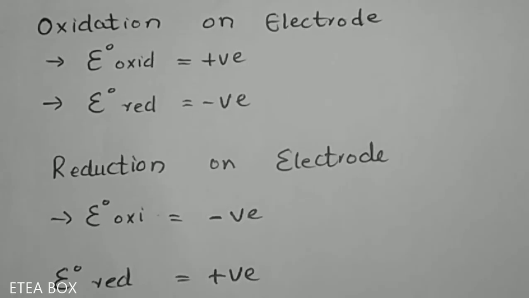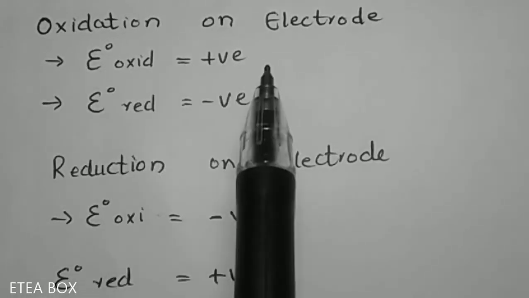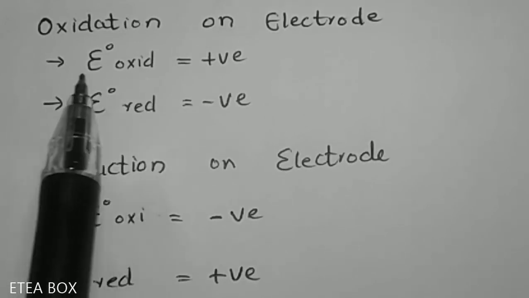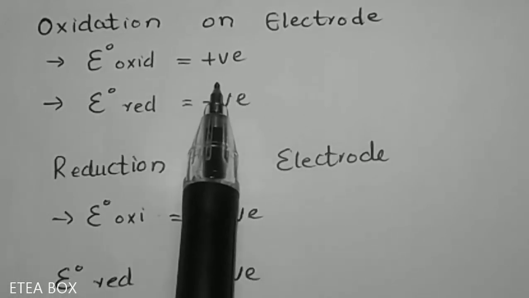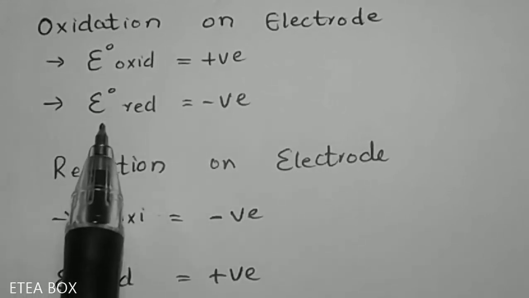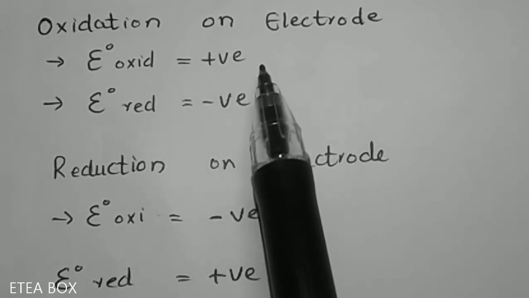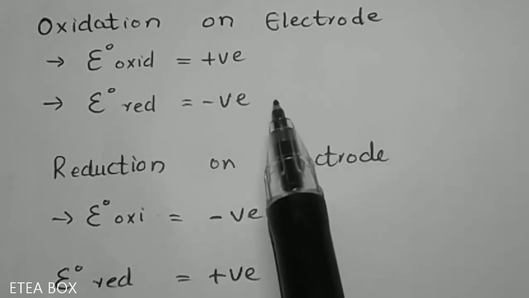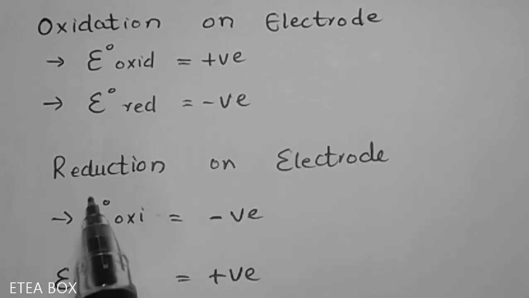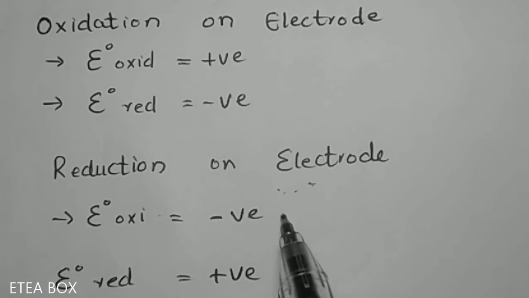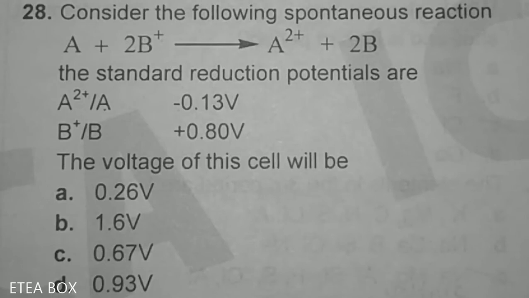Keep this in mind: when oxidation occurs on an electrode, its oxidation potential value will be positive and its reduction potential value will be negative. If reduction occurs on an electrode, its oxidation potential value will be negative and its reduction potential value will be positive.